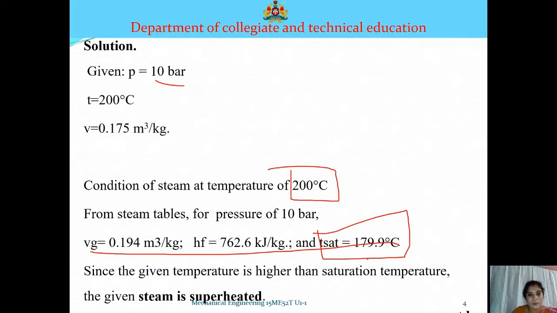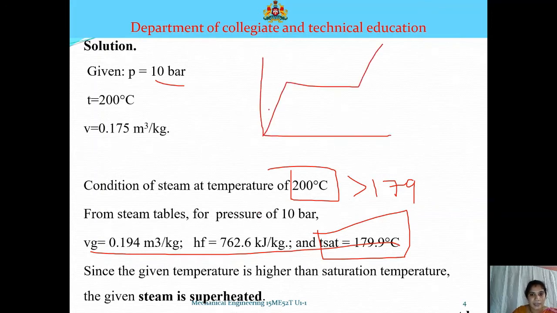Just by seeing this, you can say that 200 is greater than 179.9. Am I right? If I draw the T-h diagram, this condition will indicate T saturation. This is what they have given.